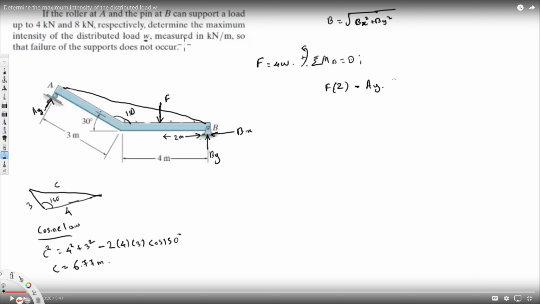Then this is going to be multiplied by 6.77, and those are the two moments we have, so this is going to be equal to 0.